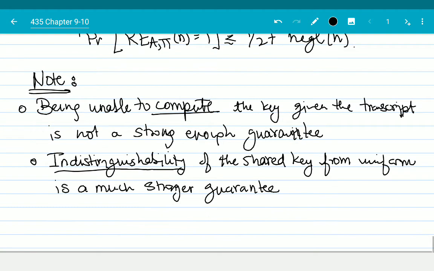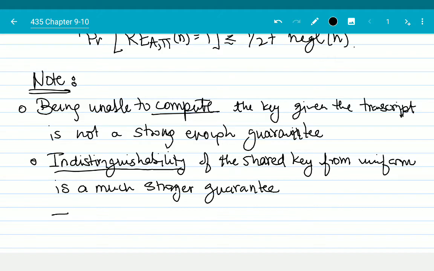And in fact, it is necessary if the shared key will be subsequently used for private key.